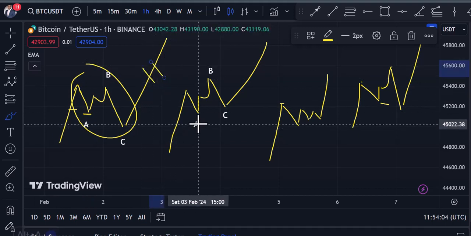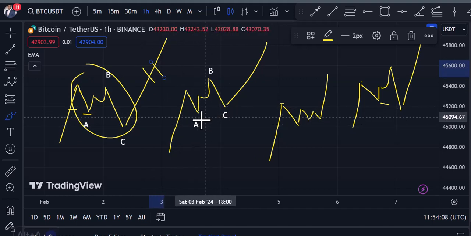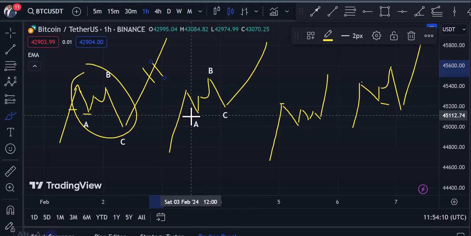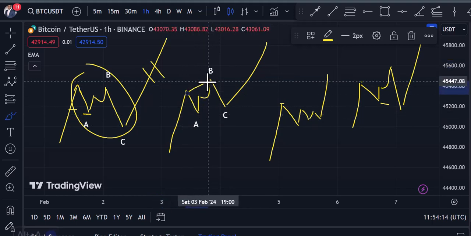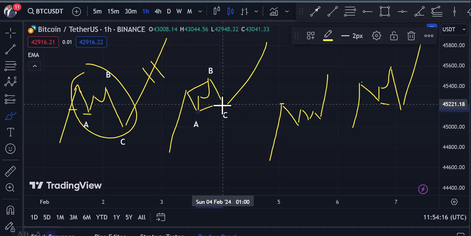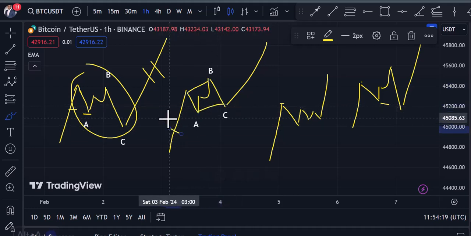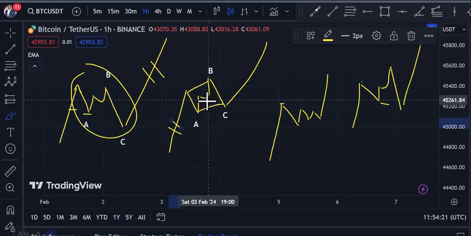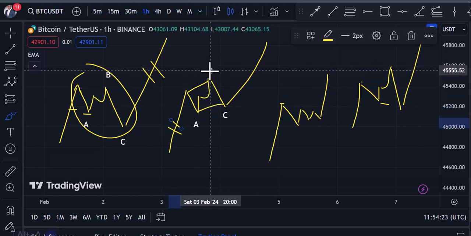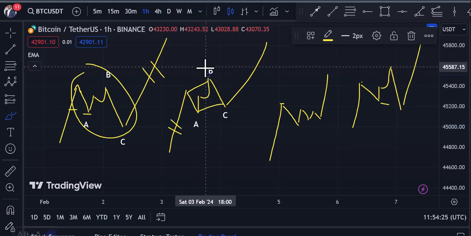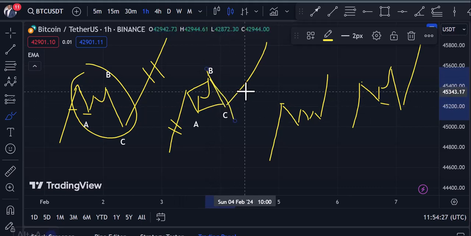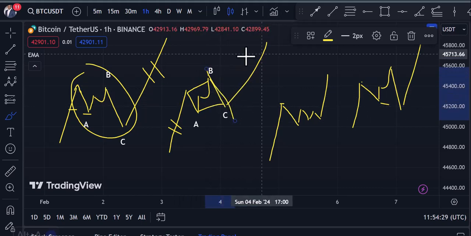And this one also, the characteristic is that the C will not break A. Okay, the C will not break the end of A. So it remains in this form. And how do you trade this? Most times, once you identify that this impulse is strong and this one is set, then at the break of a trend here, you draw another trend here. At the break of another trend here, then you can position yourself for this wave.